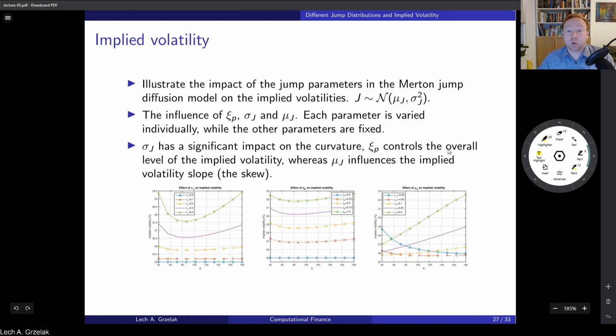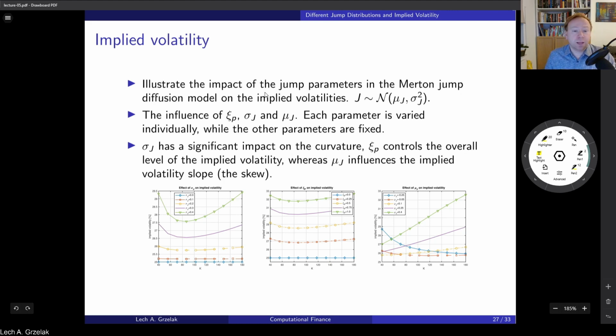Finally, we can check what is the impact of jump parameters on the implied volatility, smile, and skew, because that's our ultimate goal. Once we specify the dynamics of a process and we extend the Black-Scholes model with additional jumps, the question is how much we have improved, how much control we can have over the smile and skew or implied volatility effect in general.